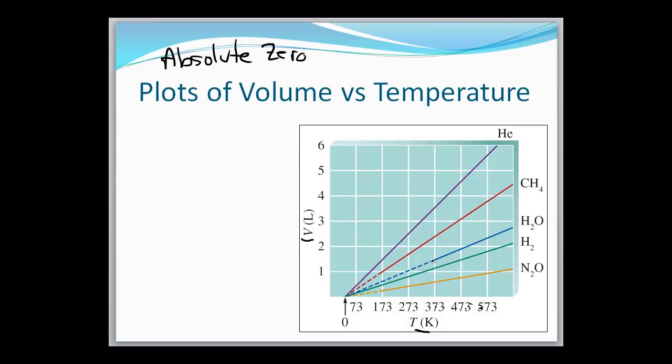So what you can do then is extrapolate that line all the way back until your volume would be zero. Well, you can't have a volume of zero, so theoretically that point would give you your absolute zero value. And if you do that for multiple gases, what you'll find is they all converge on the same point. That's where we would call absolute zero, and it shows up at negative 273.15 degrees Celsius. And we'll actually do this lab in the laboratory experience in the classroom.